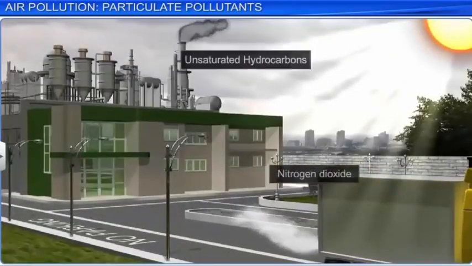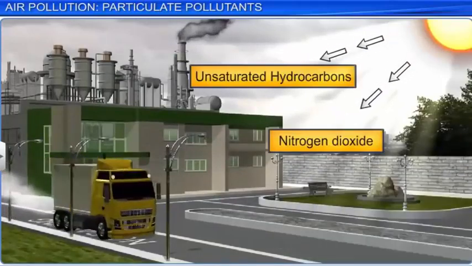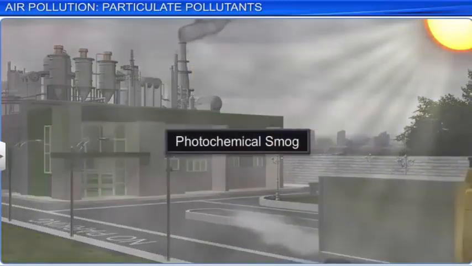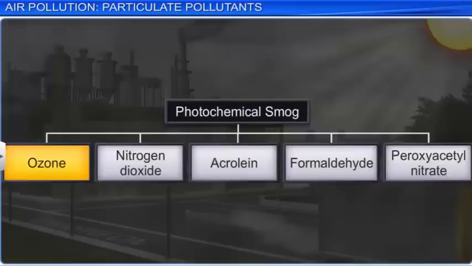When the sun rays hit the particles of unsaturated hydrocarbons and nitrogen dioxides, photochemical smog is formed. Photochemical smog consists of ozone, nitrogen dioxide, acrolein, formaldehyde and peroxyacetyl nitrate.